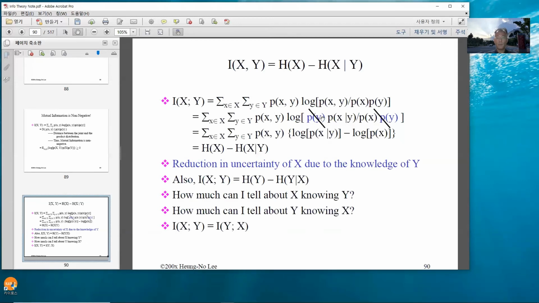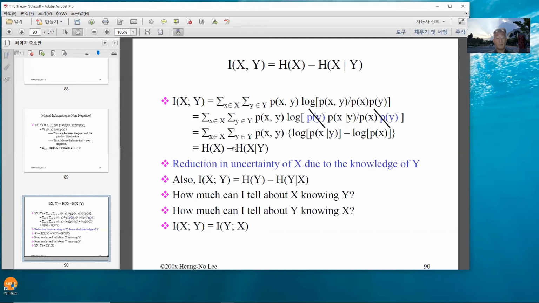And from the top and bottom, we can cancel Py. Then we can say that this is log of p of x given y minus log of px. Then we take this into account, distribute into this parentheses.